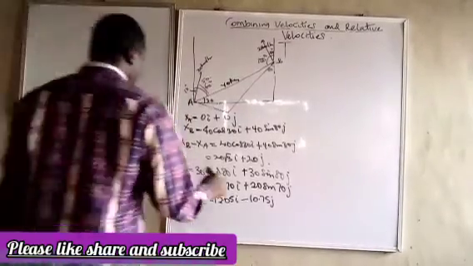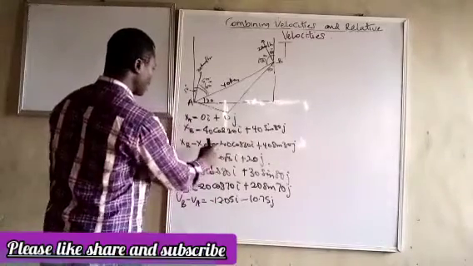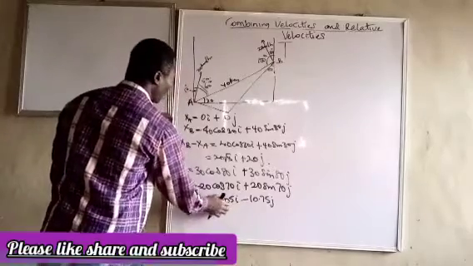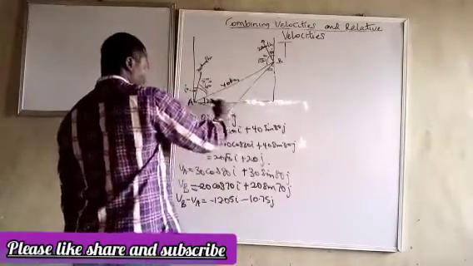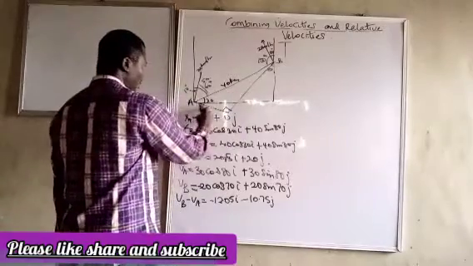So the shortest distance apart, like we did, is going to be this one crossed with the unit vector of this one. When you cross this one on this, this is what it's going to give you.